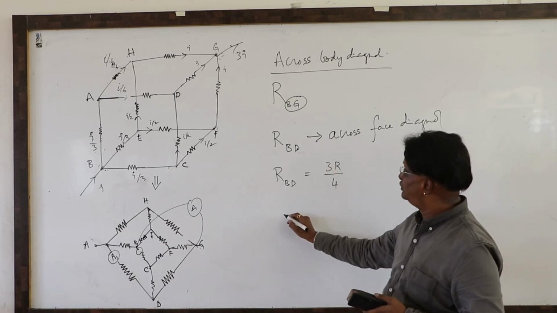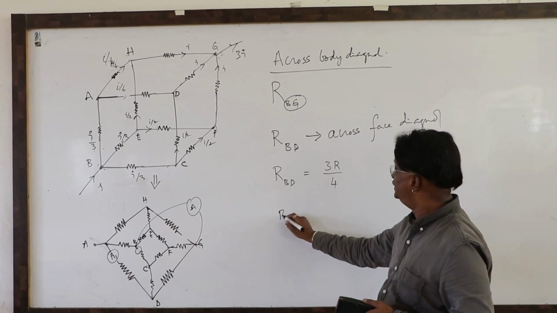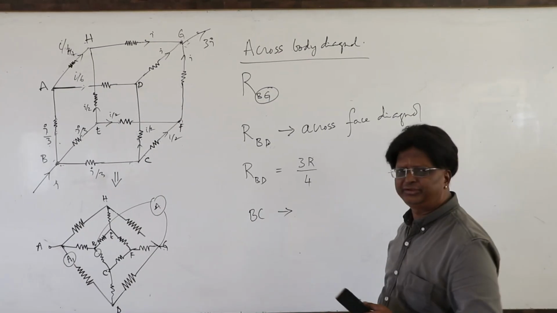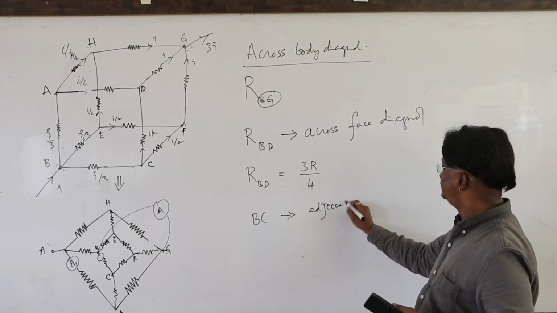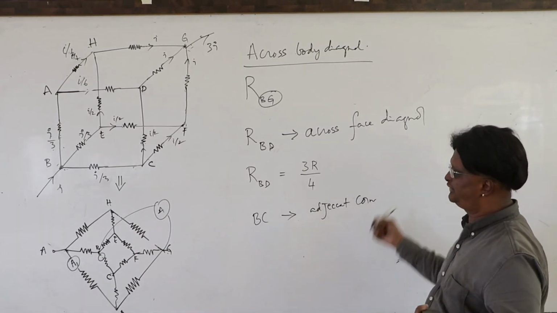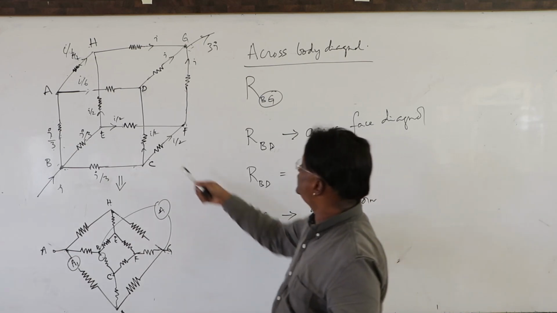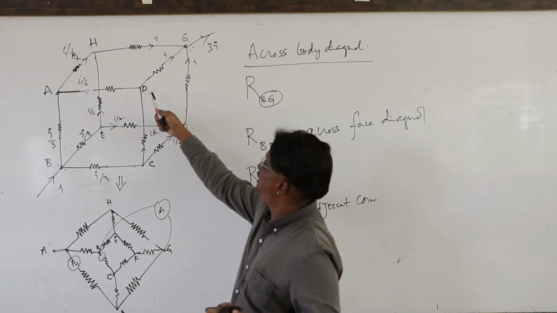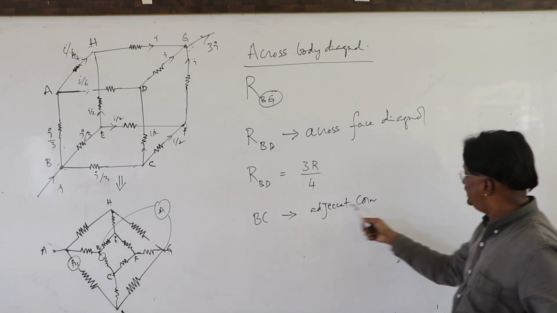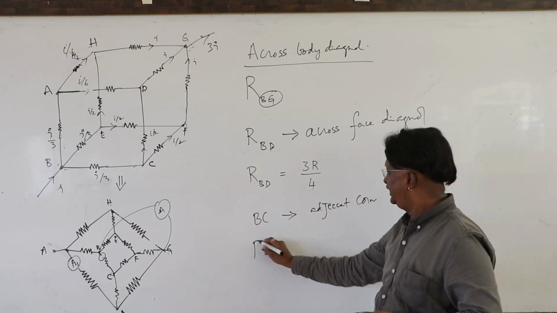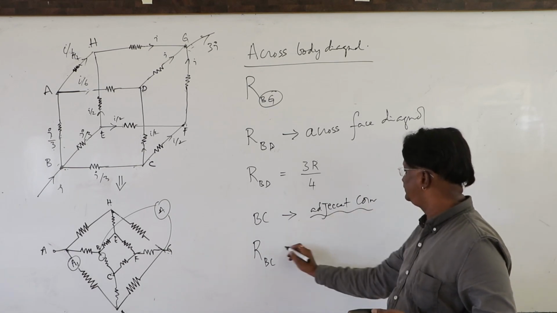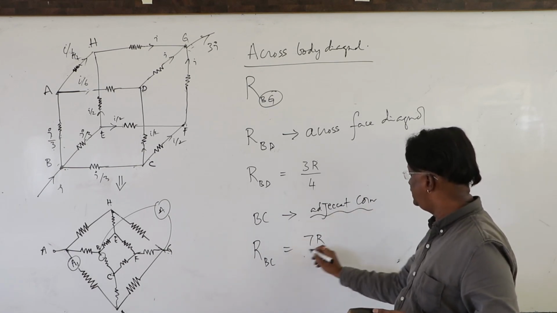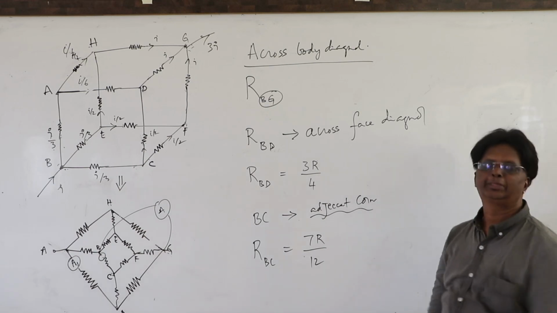And one more, supposing it is BC. BC, what does it mean? Adjacent corners, right? Any adjacent corners such as BC, or CF, or AD, anything like that. The effective resistance RBC across adjacent corners is equal to 7R by 12.